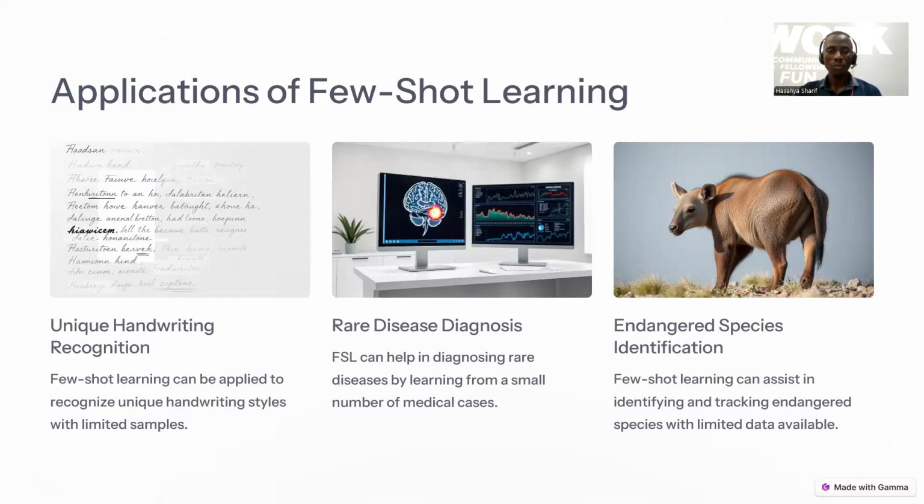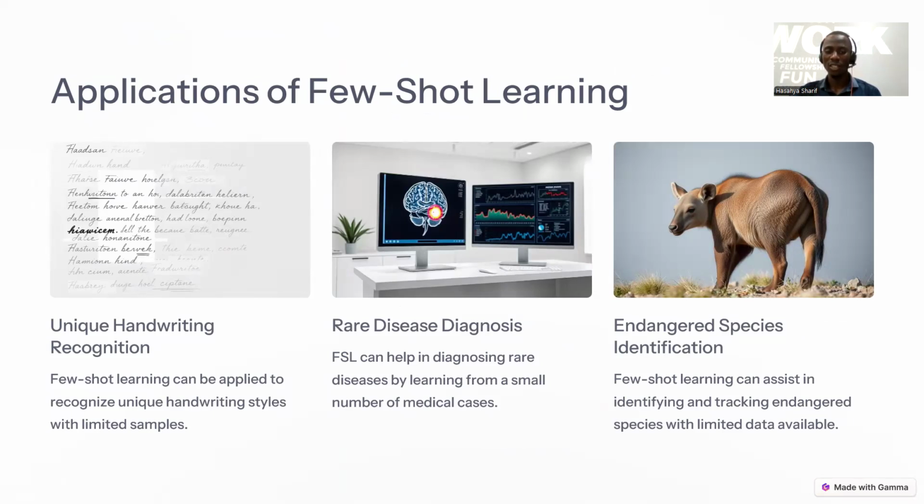There are many applications, but we managed to just cut out a few. One is unique handwriting recognition. It can be applied to recognize unique handwriting styles with limited samples. Then also rare disease diagnosis, such as maybe detecting cancer tumors. These are diseases which are rare.